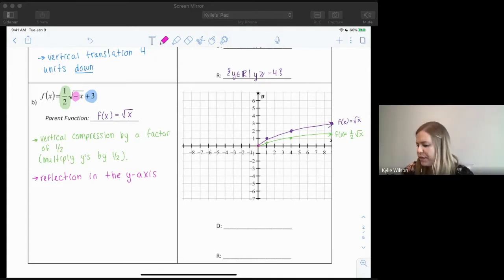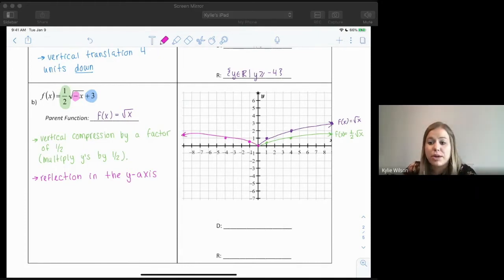So I'm just going to flip this green line over the y-axis. Like that. So that is my reflection over the y-axis.